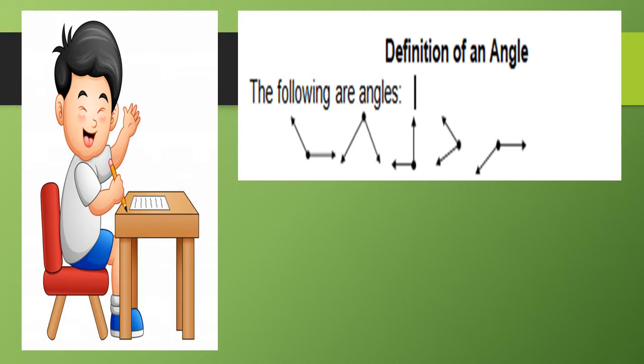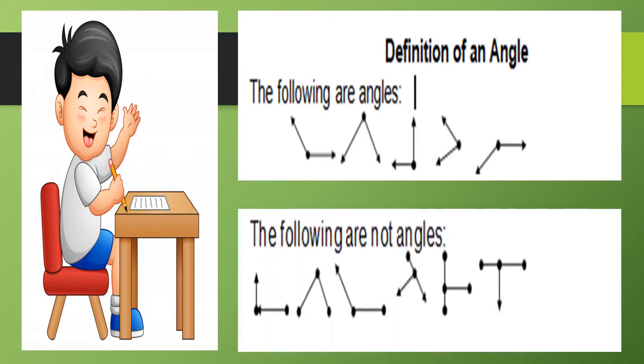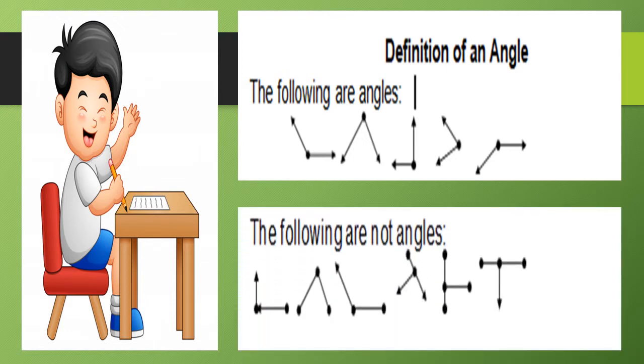Definition of an angle. The following are examples of angles. Kindly familiarize the first illustrations. Next one, the following are not angles. Can you cite the difference between the first illustrations and the second illustrations?